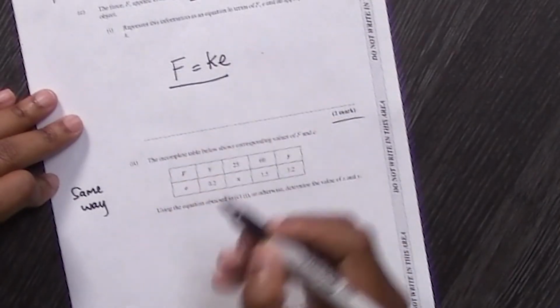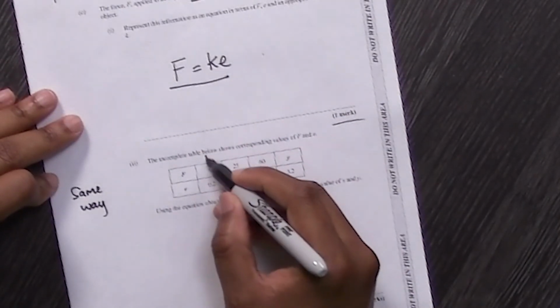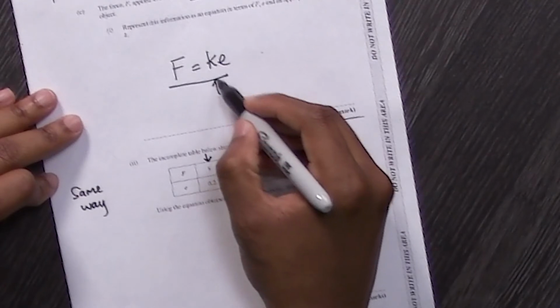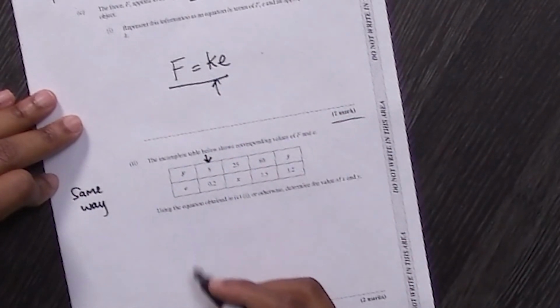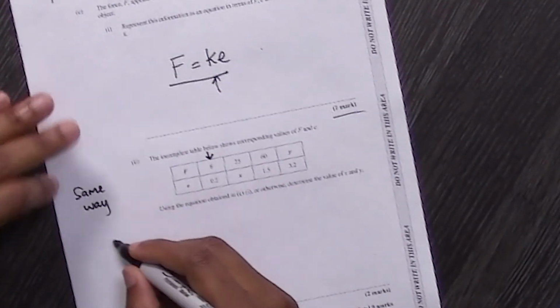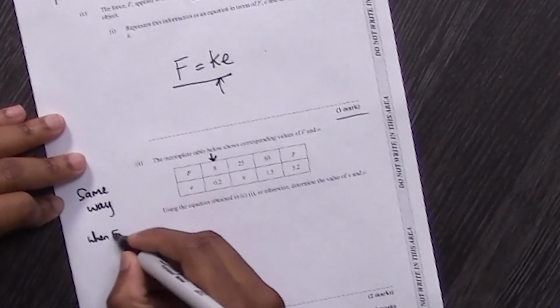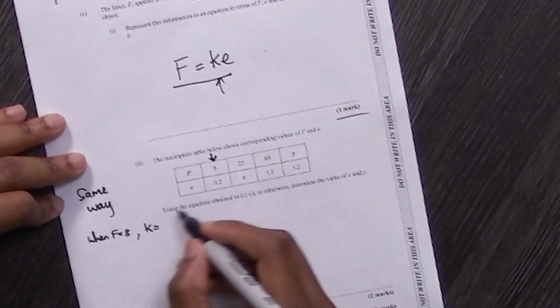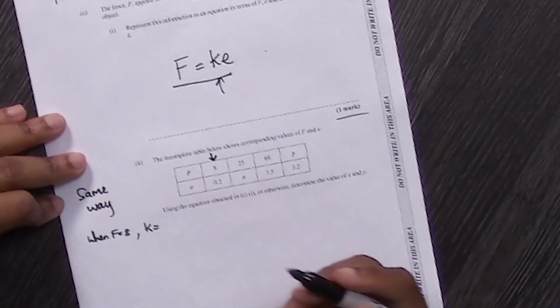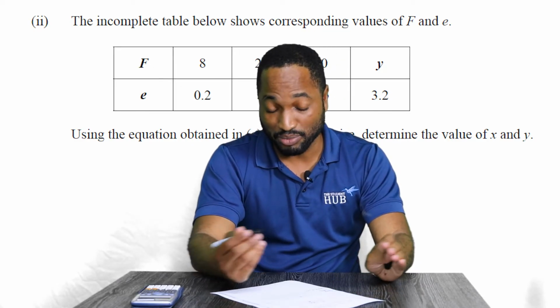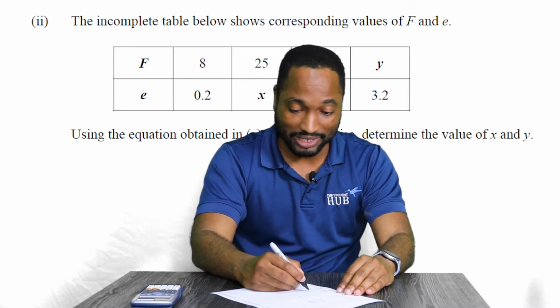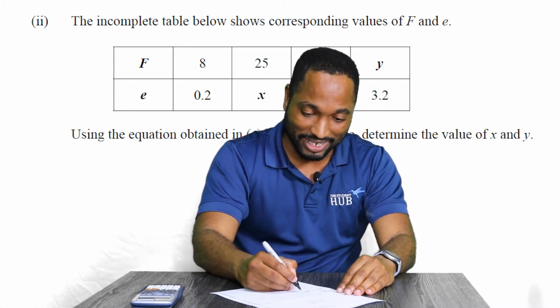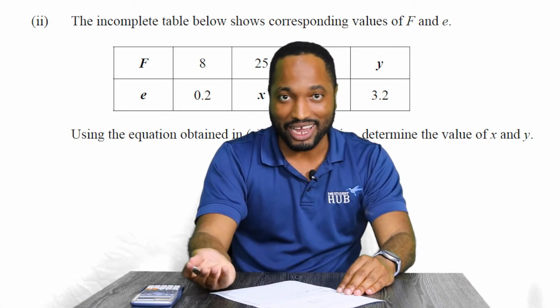You have the equation, you use known values to find the value of K, and you find the missing term. So let's go. When F is equal to 8, E is equal to 0.2. I'm doing this without any eraser. Pro moves, but sometimes we run into problems. I mean, you can erase marker.